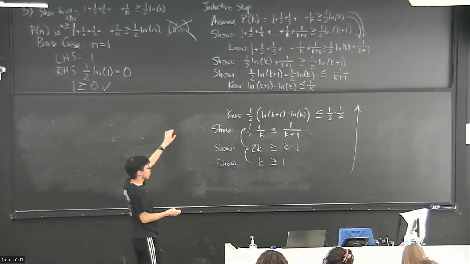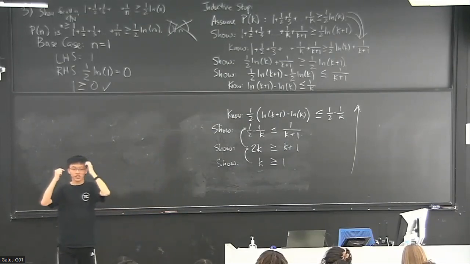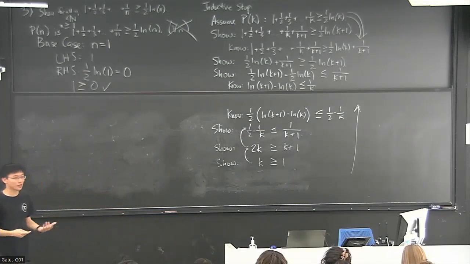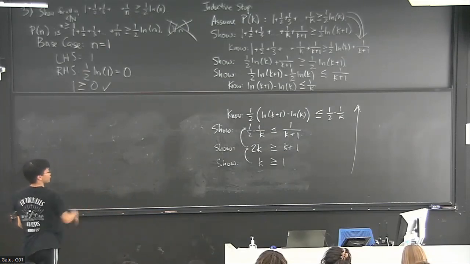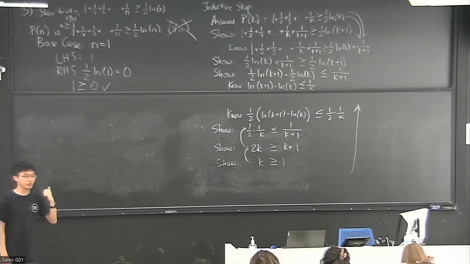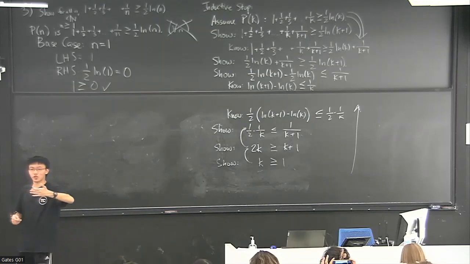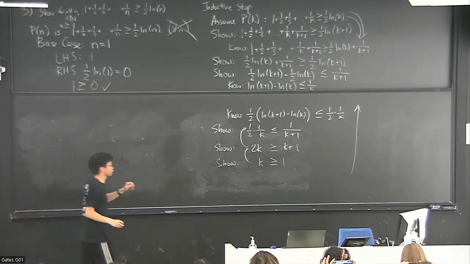So does everybody see how the logic actually flows backwards? The logic of the proof flows bottom up, but we discovered it top down. The key takeaway here is that sometimes when you're dealing with induction, you might want to start from where you want to end up and backtrack your way to something that's true.